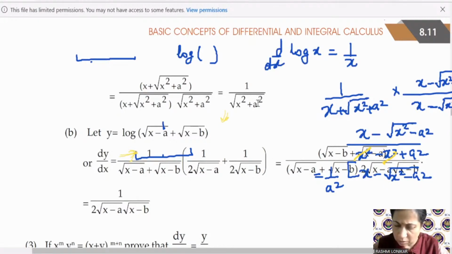Yes, logarithmic differentiation, Vadekar, we have already taken.